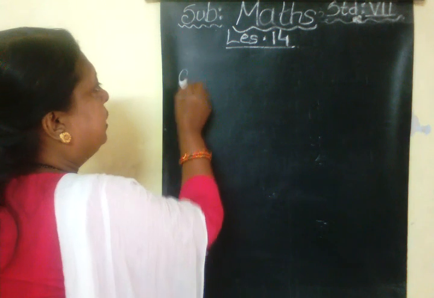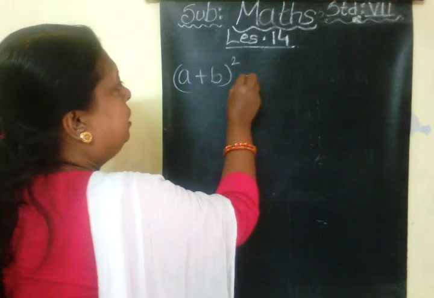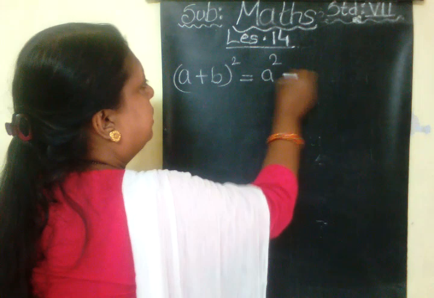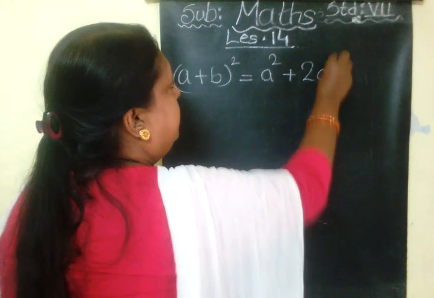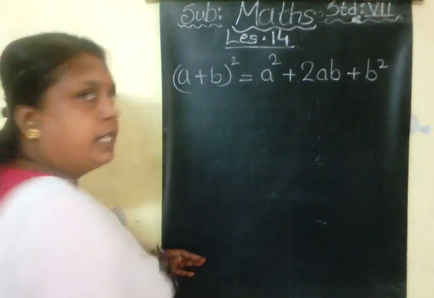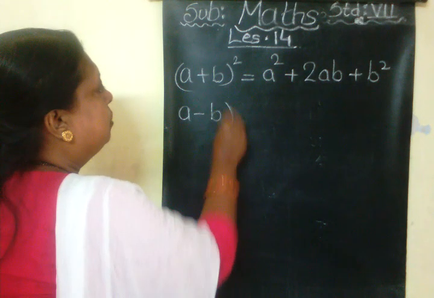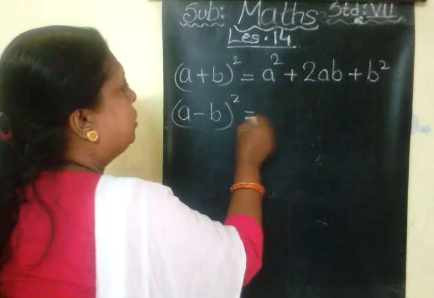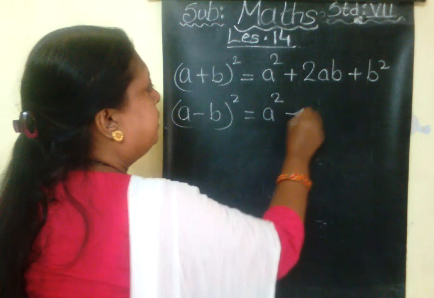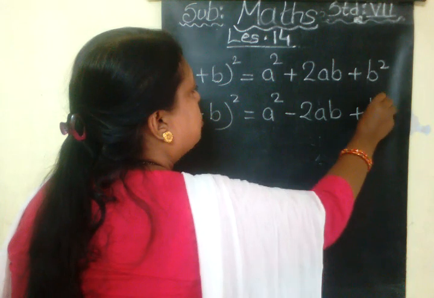Expansion formulas: a plus b the whole square is equal to a square plus twice ab plus b square. Second expansion formula that we have studied is a minus b the whole square is equal to a square minus twice ab plus b square.